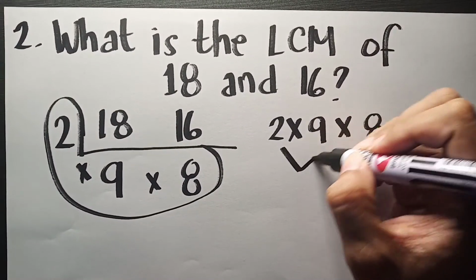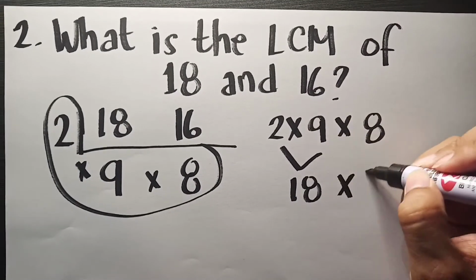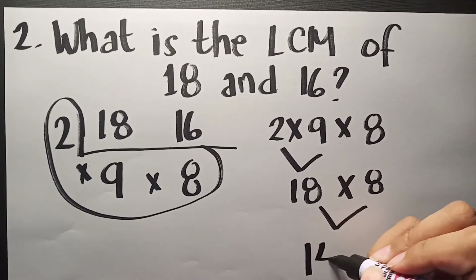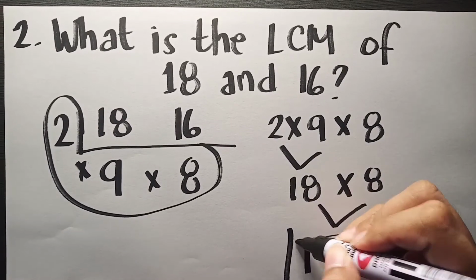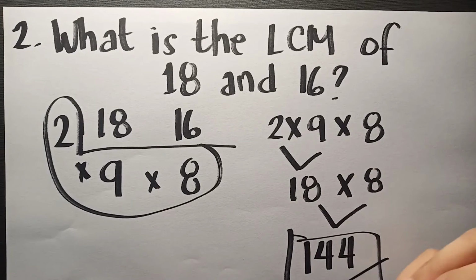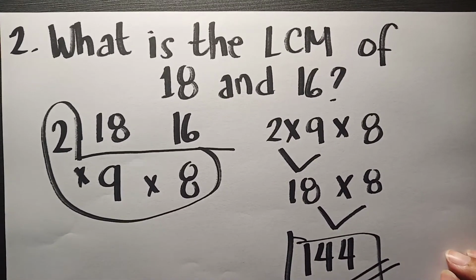So 2 times 9 is 18 times 8. 18 times 8 is equal to 144. So 144 is now the least common multiple of 18 and 16.